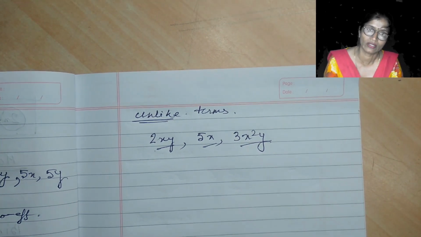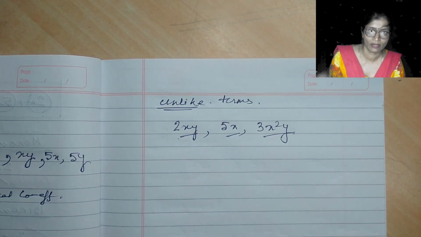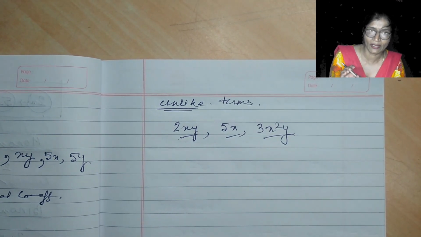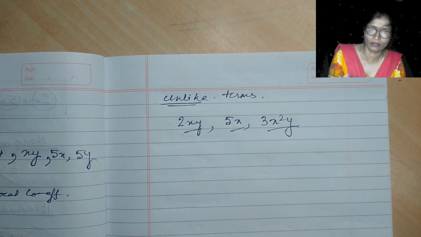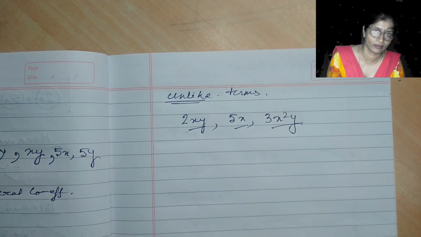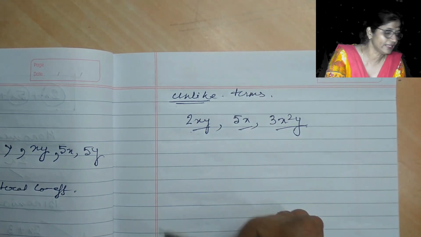Like terms means the variable part will be same, and the numerical coefficient, whatever, no matter. So this is like and unlike terms.